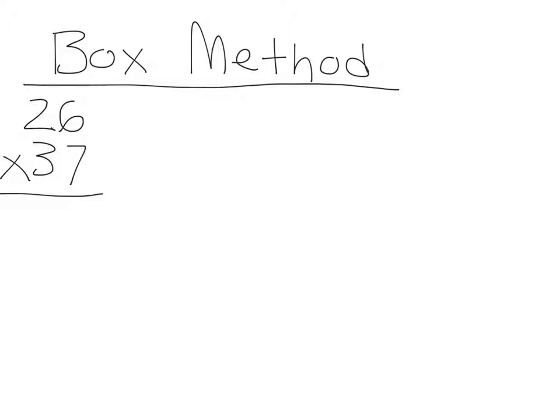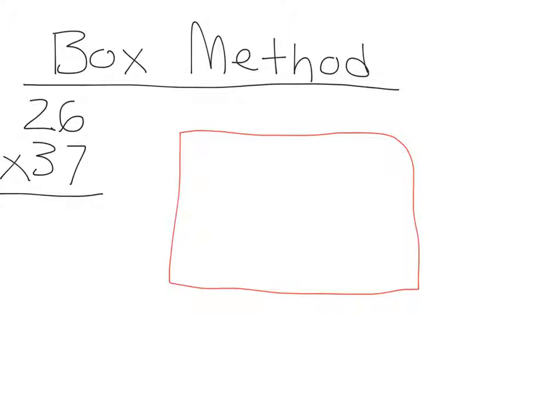So our question is here, it's 26 times 37. So much like you would do with any other type of problem, you're going to make a box based on the number of digits you have in the question. So my top row, I have 2 digits, so I'm going to just draw this box here where I have 4 complete numbers, so I need 4 boxes.